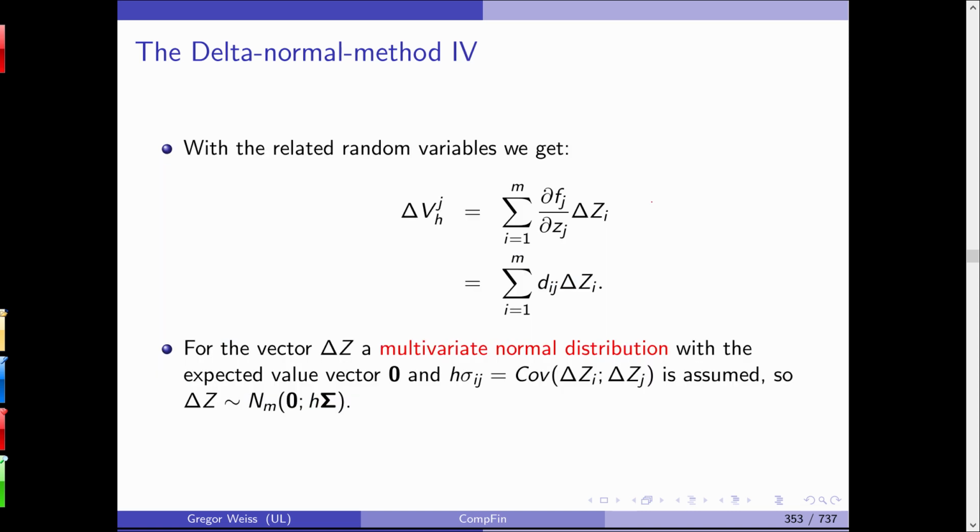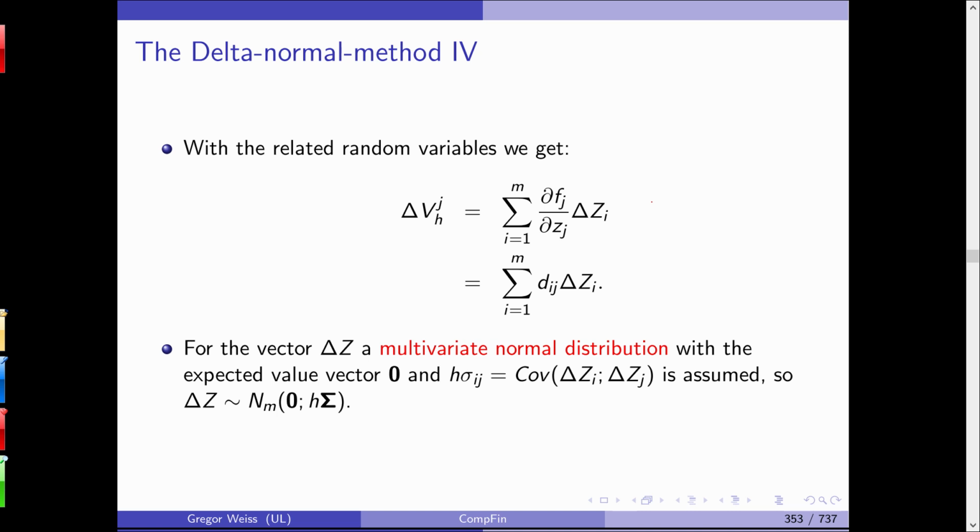Now, with the related random variables, the change in the value is given by the sum of the changes in the risk factors times the partial derivatives, for example, the option Greeks.